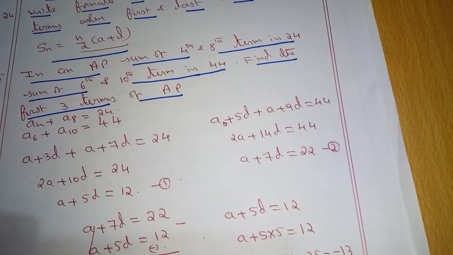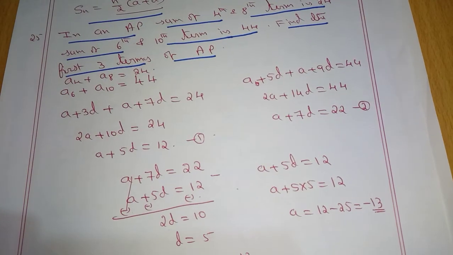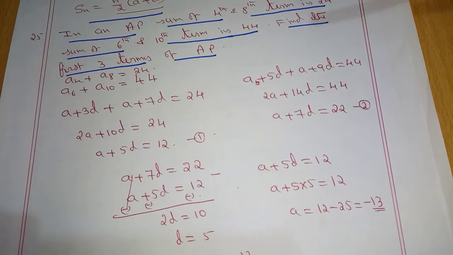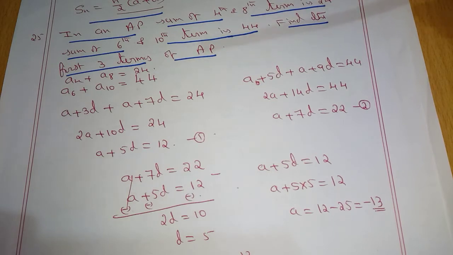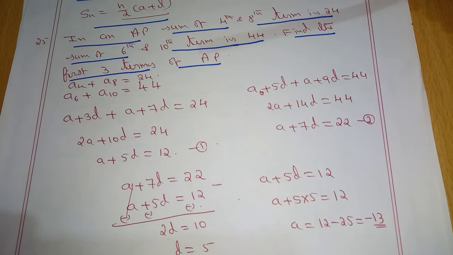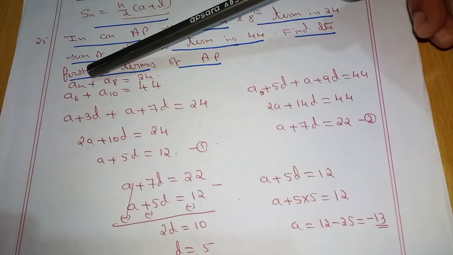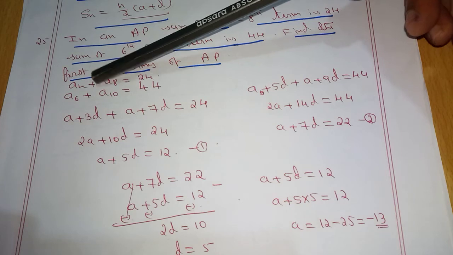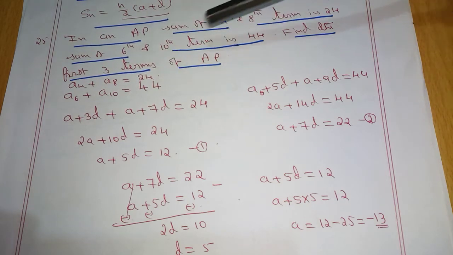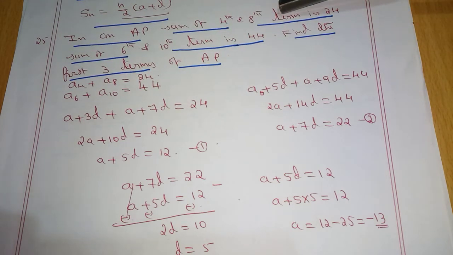Everyone copied the question? Now let us write what is given. The sum of the fourth term and the eighth term is taken as A4 plus A8 is equal to 24.